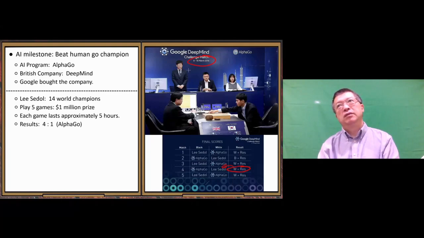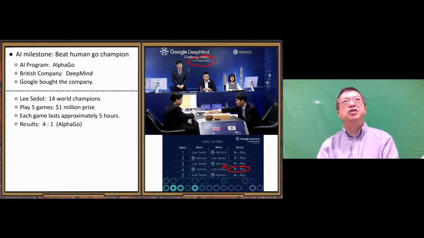So I treat that as cheating, reverse cheating: giving the game away to the opponent. Why? Because at that time it was already 3-0. If AlphaGo beat Lee Sedol another time, Lee Sedol would give up, and then the 5th game would be meaningless.